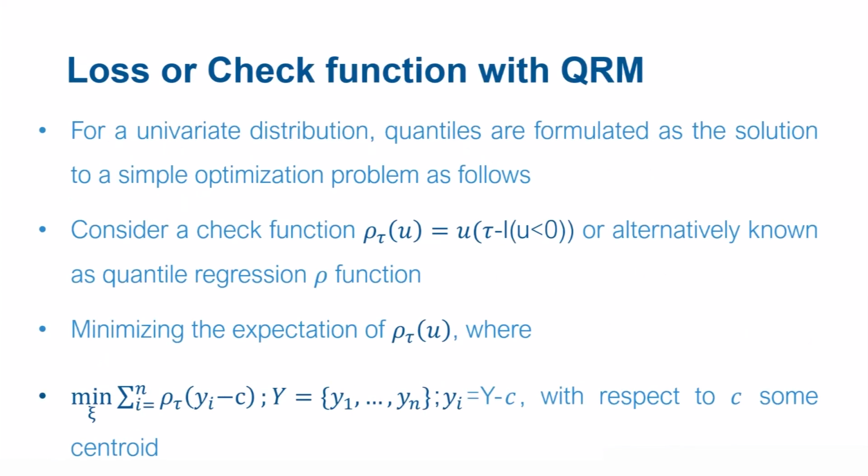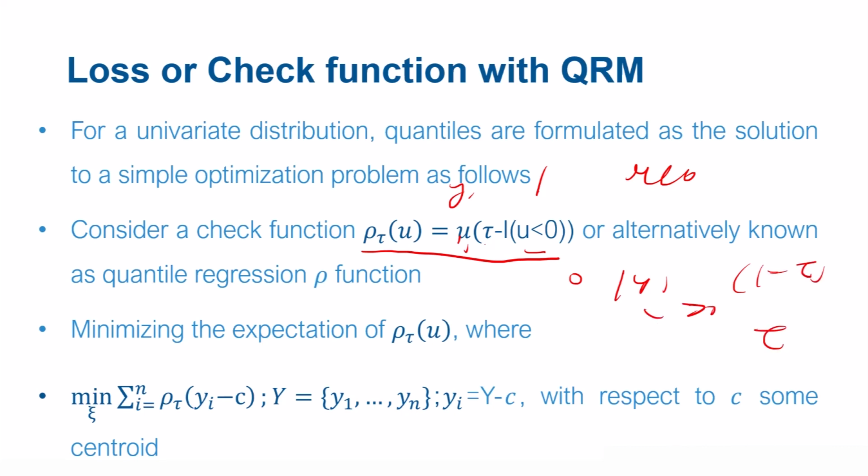We defined a check function or loss function like this, where deviations mu i or yi's are multiplied by tau minus the indicator function, which takes a value of 1 when mu is less than 0 and 0 otherwise. Effectively, you are multiplying the absolute values of y with 1 minus tau or theta for negative values of y, and tau with positive values of y, which is nothing but this minimization problem.